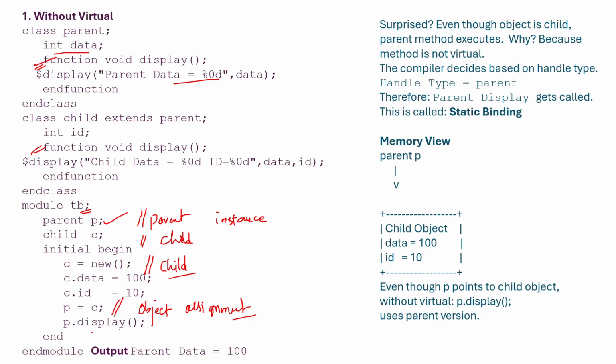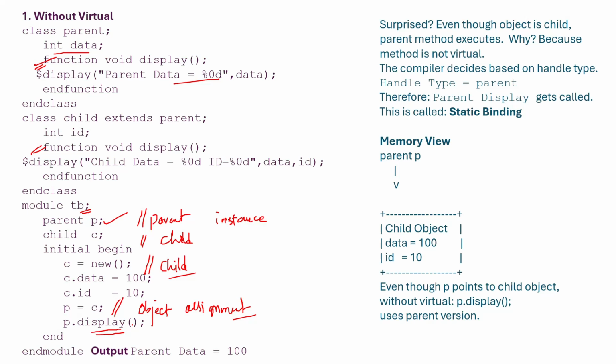Now you are calling the display method through the parent class handle. What I get as output is the parent's data. Remember, if you are calling the properties, you need to mention which handle you are using, either parent class handle or child class handle. The properties are the values, int data and int id.